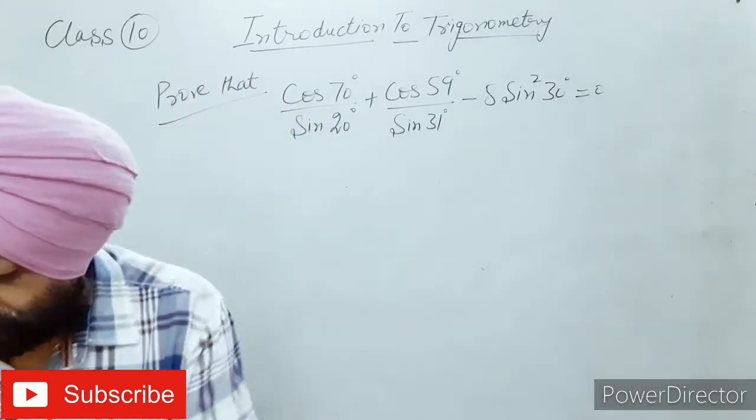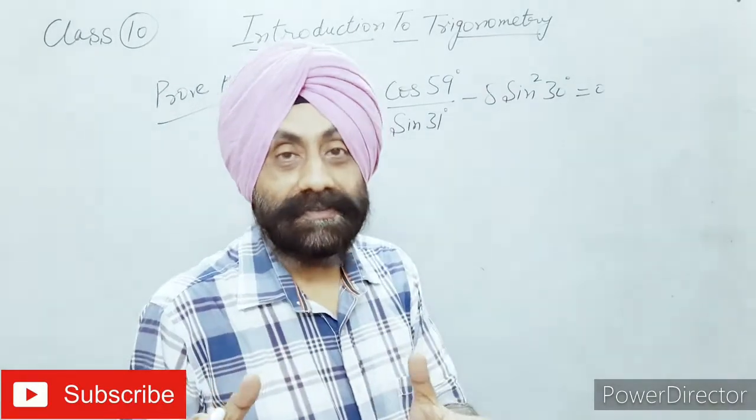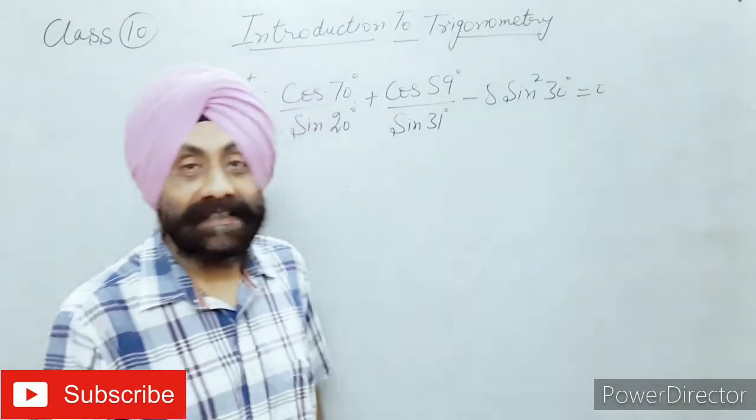Here we are also required the value of sin 30 degree from that trigonometric table of 0, 30 degree, 45, 60 and 90 degrees.